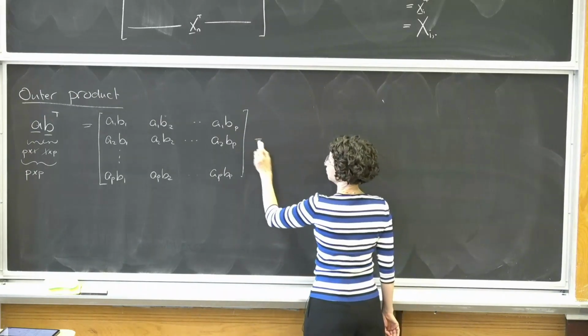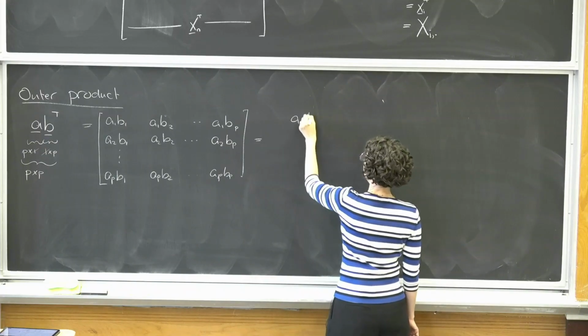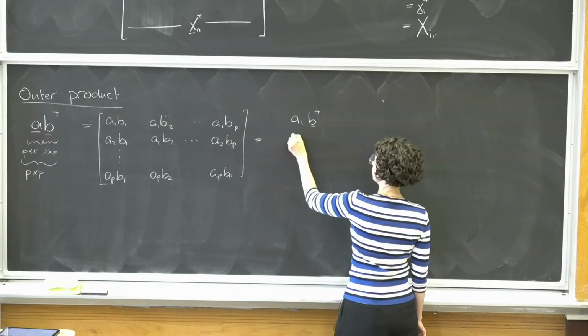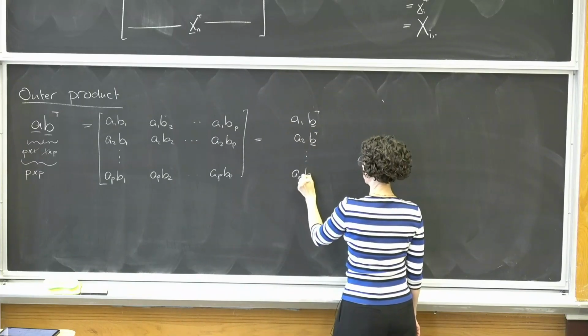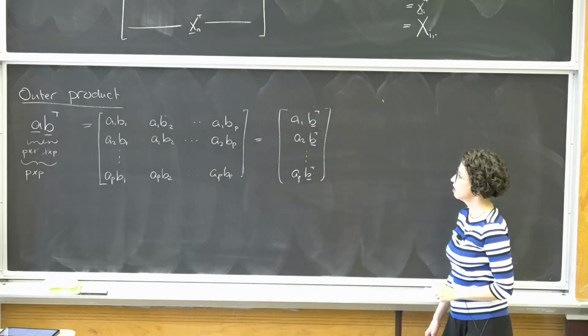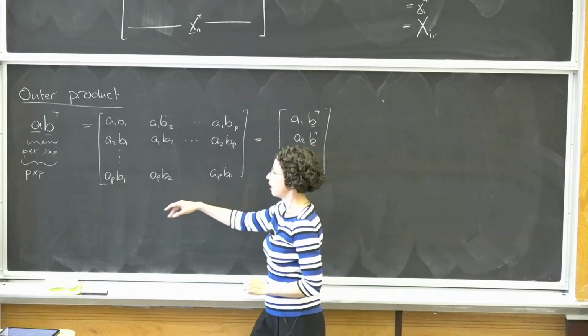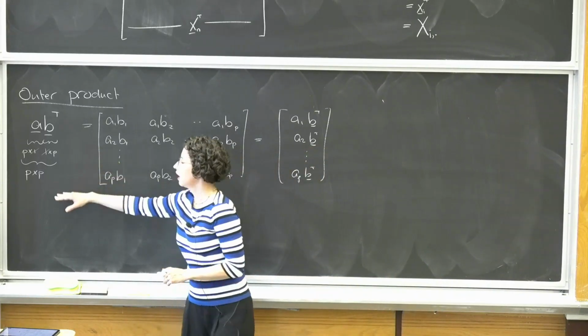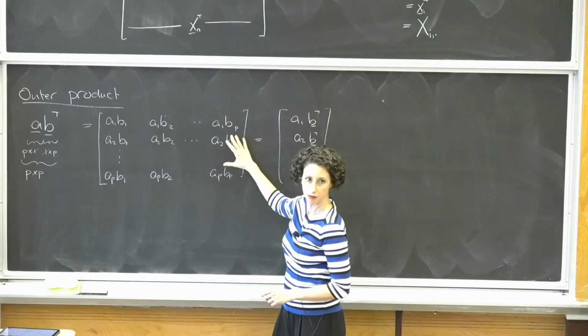Okay, so basically what this is giving us is, like I said, A1 times the vector B transpose, A2 times the vector B transpose, all the way down to AP times the vector B transpose. Simple concept, but the basic thing to remember is I can take these two vectors and compute this outer product in order to form a full matrix.